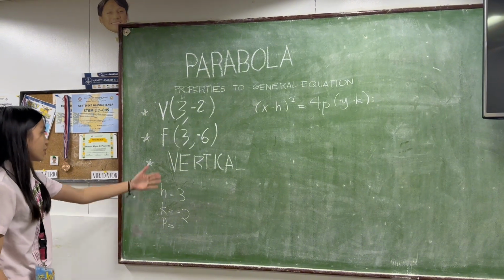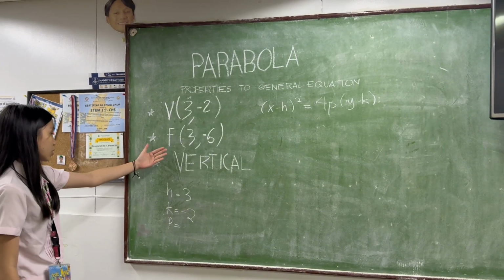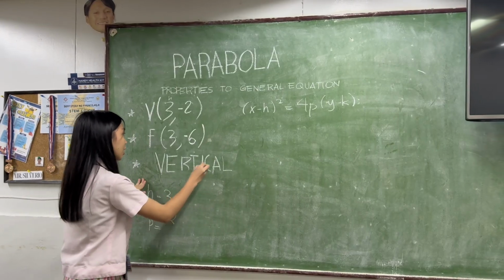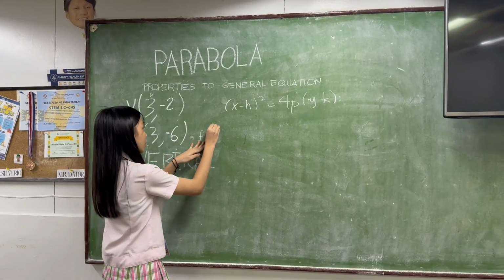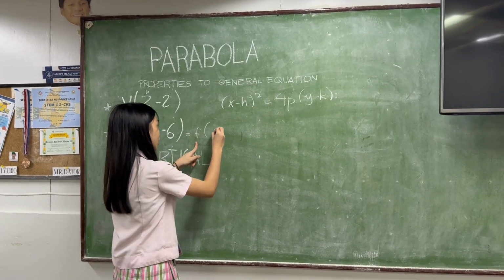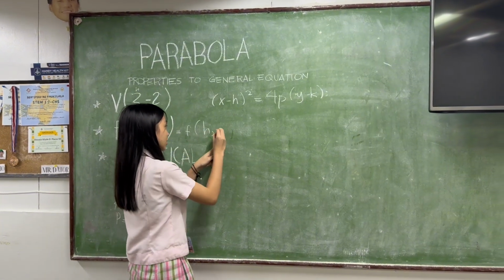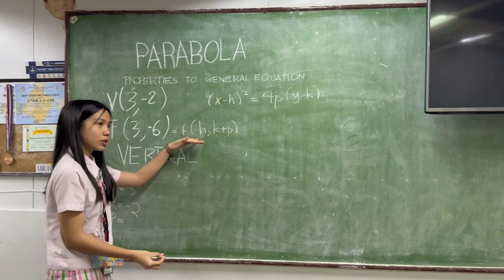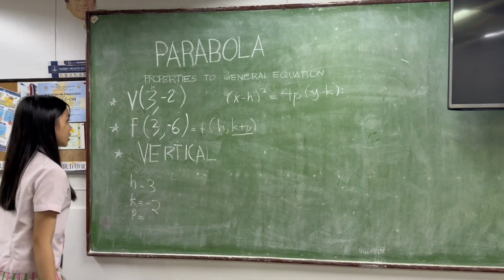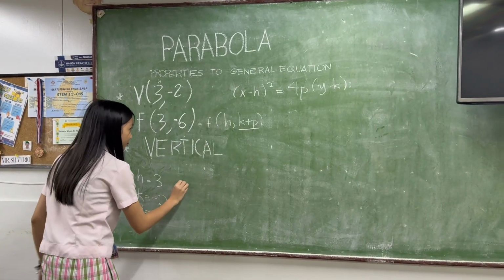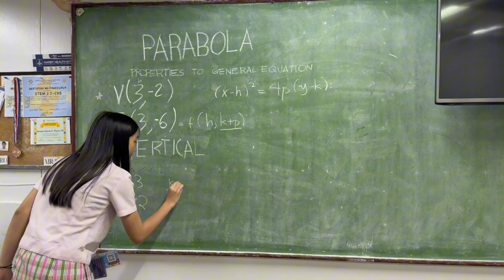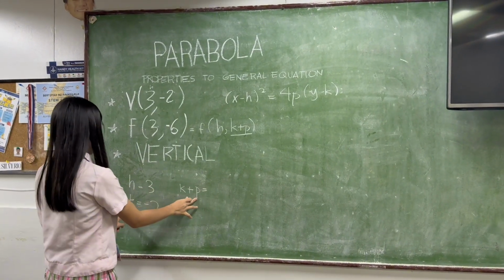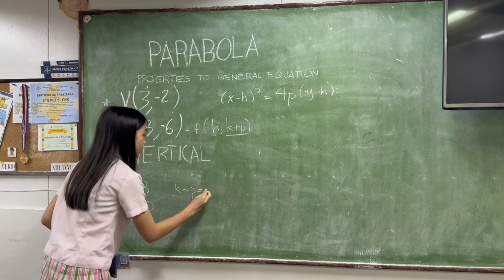And since p is not given, we can use the formula from the focus. Since it's vertical, we can find it from the focus (h, k plus p). So we can use k plus p, and the value of the focus y-coordinate is negative 6.